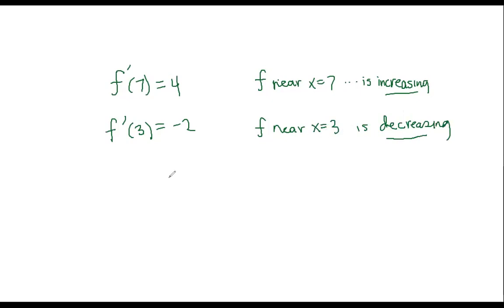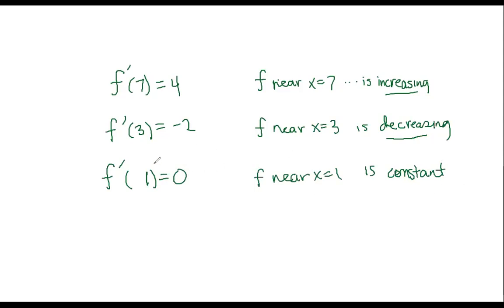So same thing, if I said f prime of something like 1 is 0, then what I know from that on its own is that f near x equals 1 is approximately constant. It's not increasing, it's not decreasing, it's fairly flat.